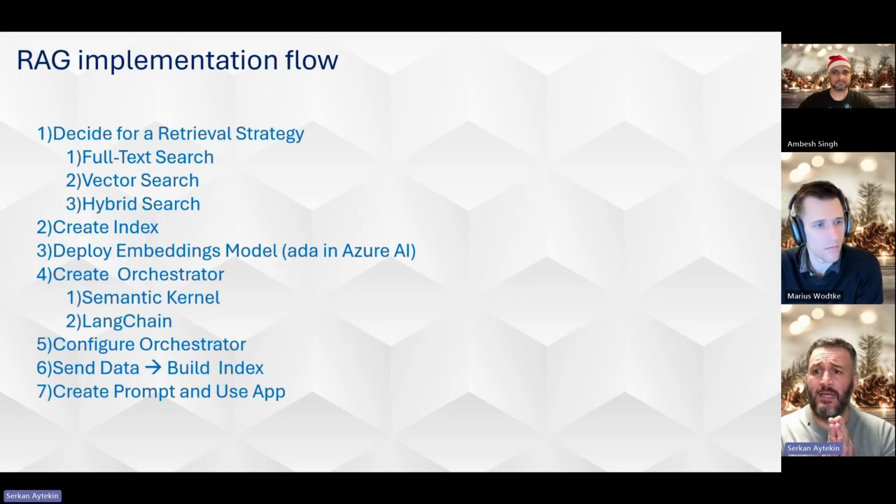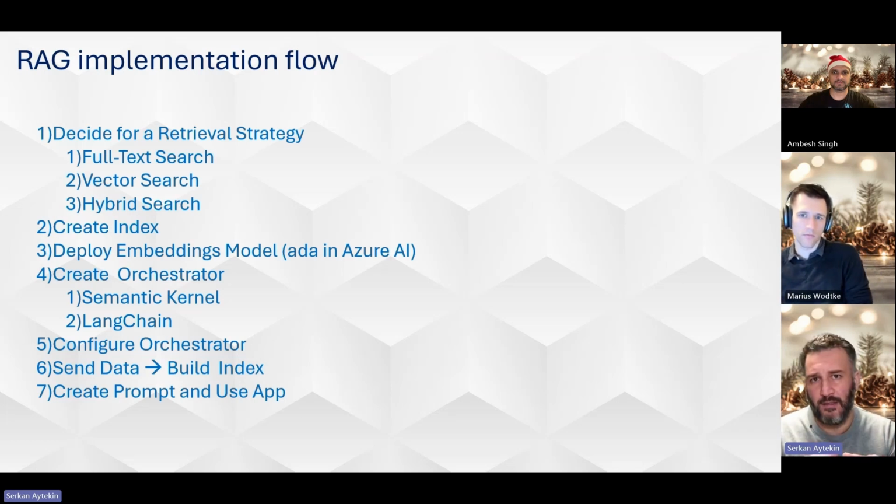In the implementation flow, the first thing is that we have to decide on the retrieval strategy, because of the index. What is the index? The index is the place where we have our searchable content. We said we have our data, and the data has been chunked, enhanced, vectorized, and so on.